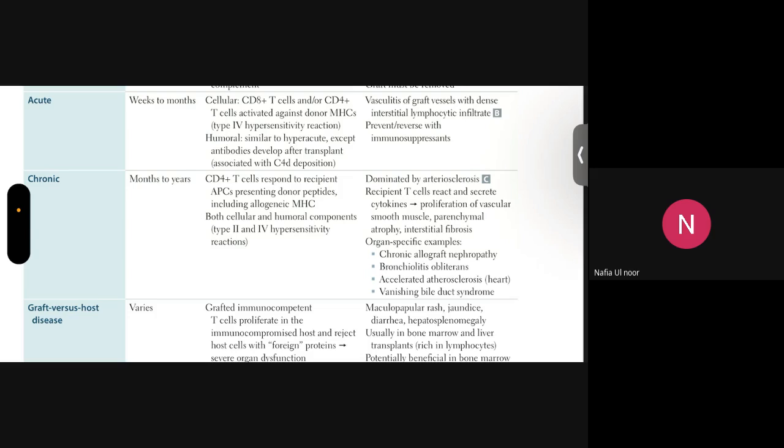So in the chronic phase you are going to have atherosclerosis and arteriolosclerosis because they are chronic, slow processes, which can occur due to chronic exposure to T cells, or type 2 or type 4 hypersensitivity. Is it clear?